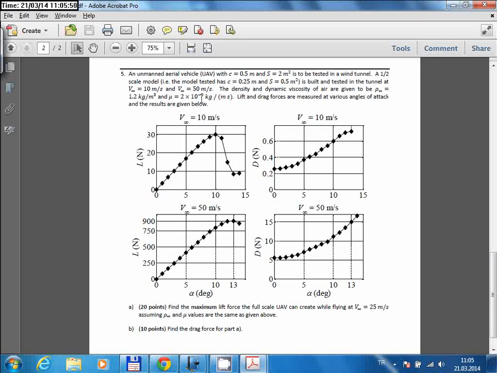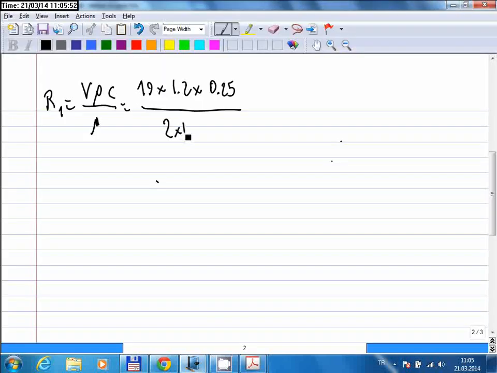Two times 10 to the power... So can you quickly tell me what this makes? And there should be some zeros, right? 4. So this is the Reynolds number for the first test.